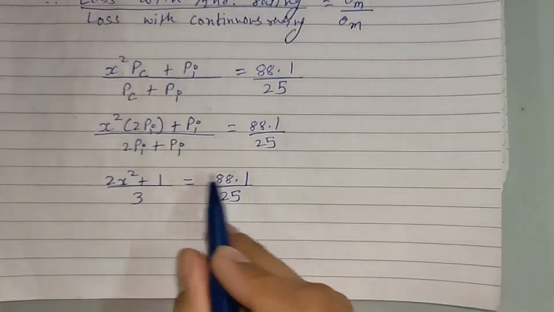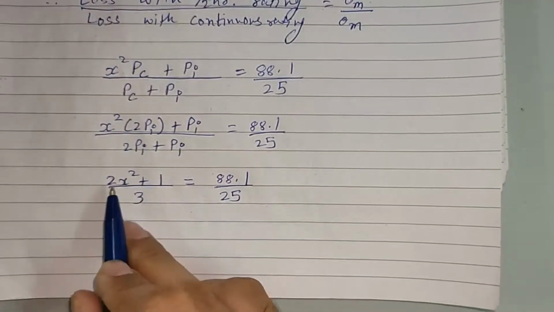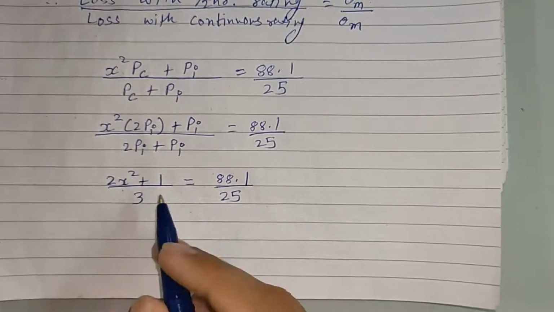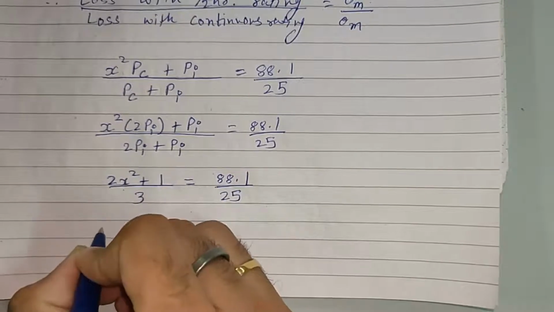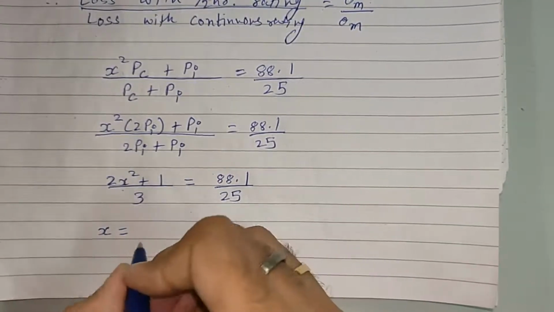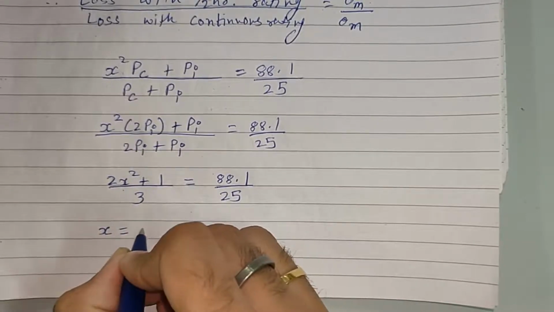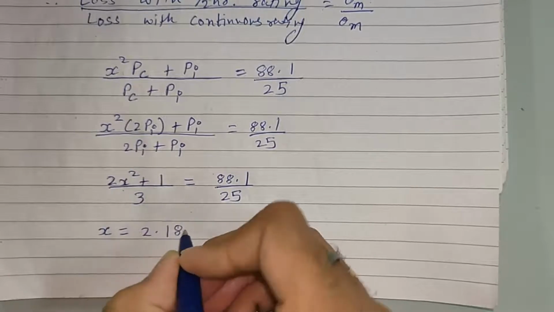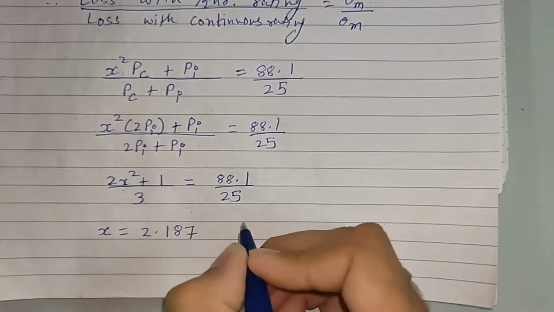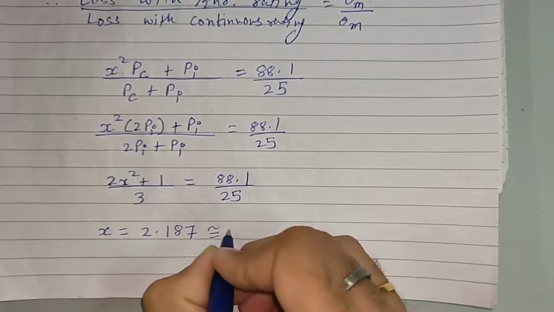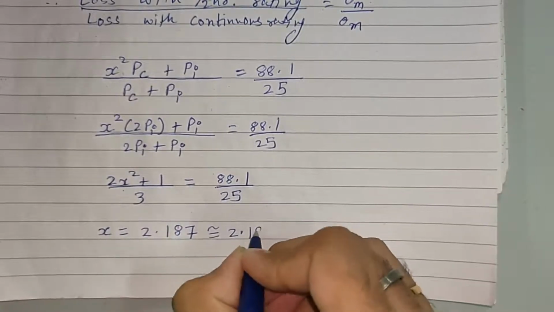Solving this equation further, we just have only one variable x, so the value of x could be found out and would be equal to 2.187, or it can be taken approximately equal to 2.19.